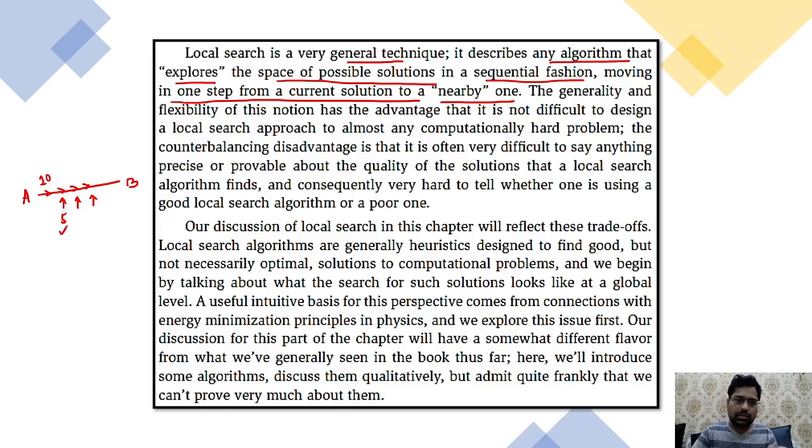Next, from 5 we check the immediate neighborhood. If it is 1, we pick 1 instead of 5. This is the neighborhood or nearby condition. Our fashion is a sequential one. This is what local search represents.